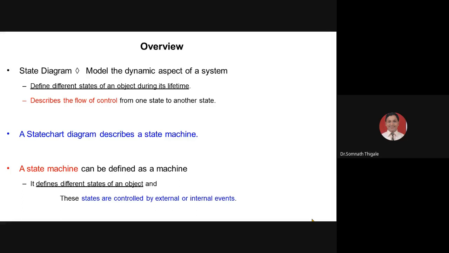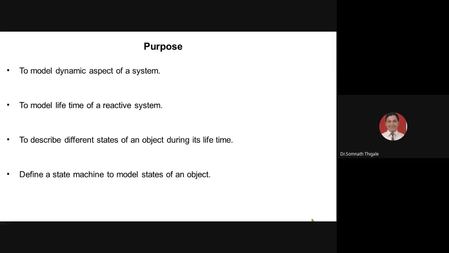It identifies different states controlled by internal or external events, and it also describes the flow control. The basic purpose is to represent the dynamic model, the lifetime of reactive systems, and the different states a particular object performs.